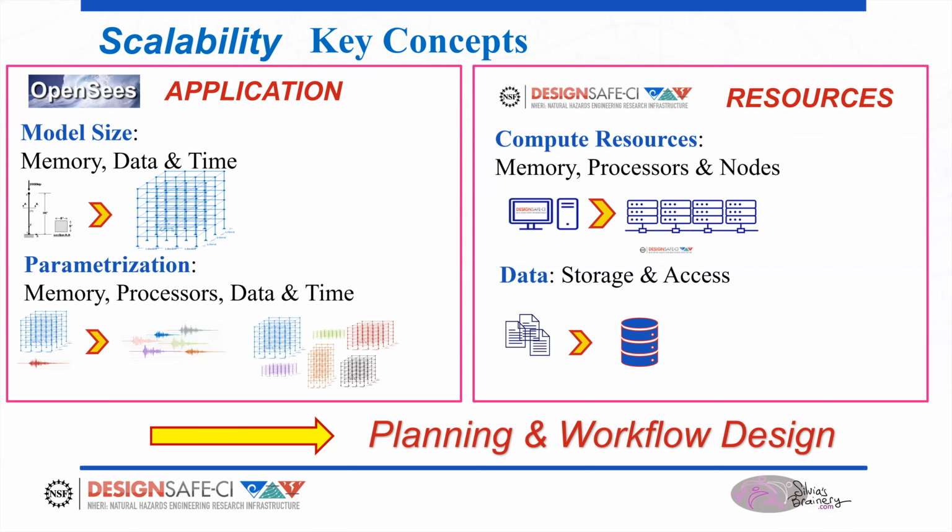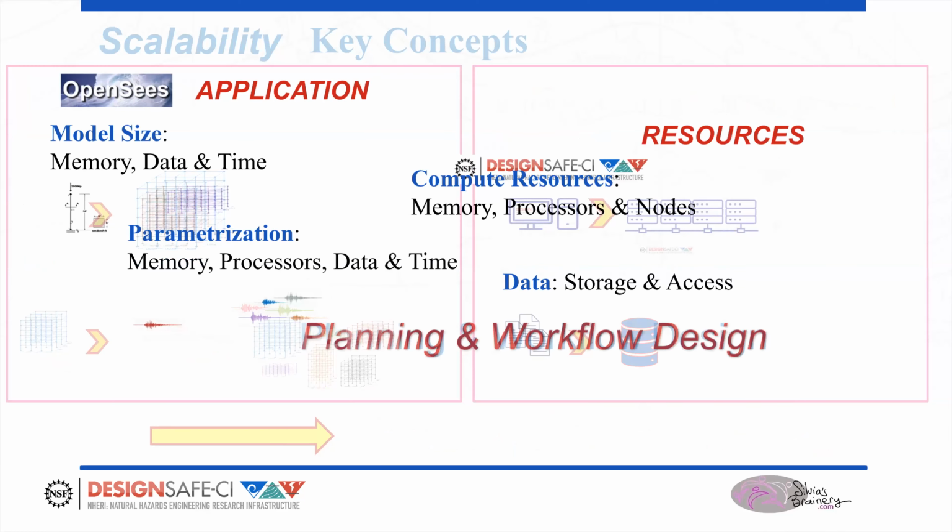And so that brings in the concept of planning and designing your workflow. So how do you start from the very simple example and build your way up to your billions of analyses? And it's great with DesignSafe because you can do all that, quote unquote, in-house.